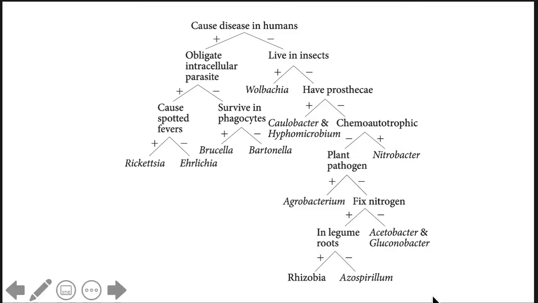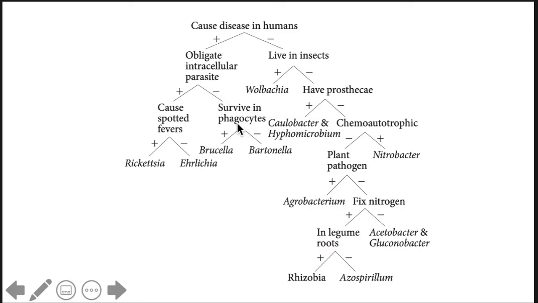So what is this? Another dichotomous key. You could categorize things by whether or not they cause disease in humans. Then say it does, and say it is an obligate intracellular parasite. Then you could ask the question, does it cause spotted fevers? No. Does it survive in phagocytes?